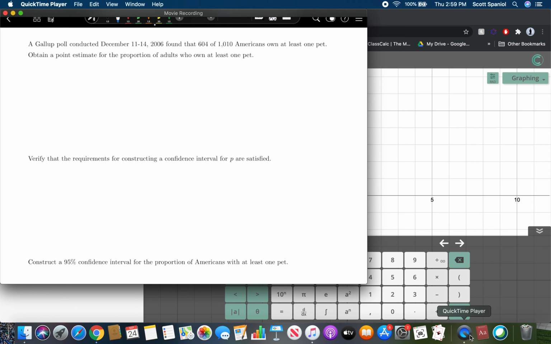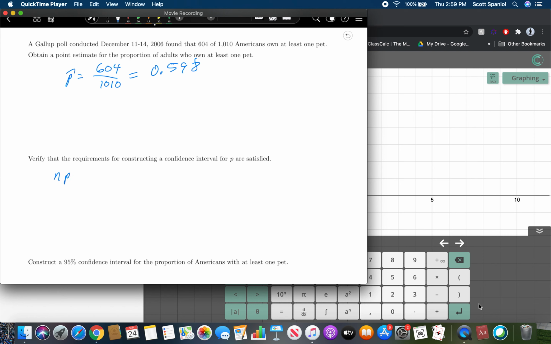Okay, so now that you've all had a chance to try it, let's go through it together. So like I said, you can start off by getting the point estimate. So p hat is 604 divided by 1,010. So that's 0.598. And then you want to verify that the requirements for making a confidence interval are met.